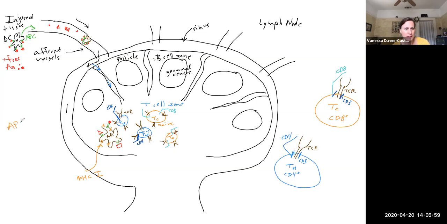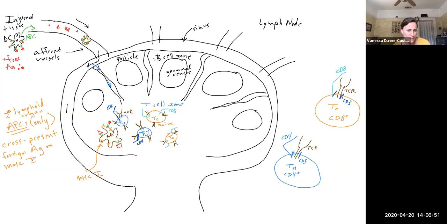For APCs only, in secondary lymphoid organs, APCs can do something called cross-presentation, where they put a foreign antigen on MHC class 1.